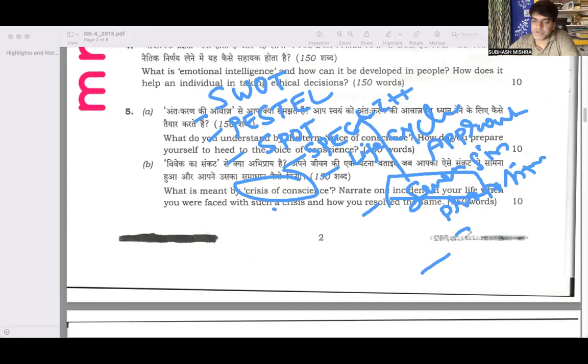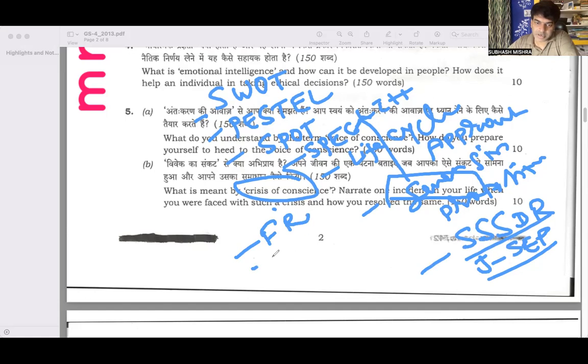There is the Preamble, SSSDR, and justice, that is social, economic, and political, and other things written in there. Fraternity, unity, brotherhood, those words are written there. Then you have fundamental rights. Then you have duties, FDs. And then you have DPSP. You write in these the incidents in your life.